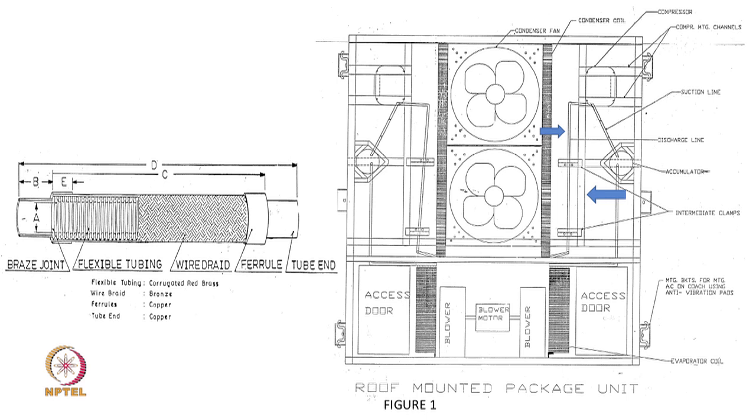This connector has a bellow which is made of copper, which is this part, and then there is a braid which is again made of copper wire, and this is to impart strength, and then there are two connectors. The intention of using this between the compressor and the rest of the system was to allow for flexibility, so that because of train vibration and the heavy mass of the compressor, there is no fatigue on the tubing.